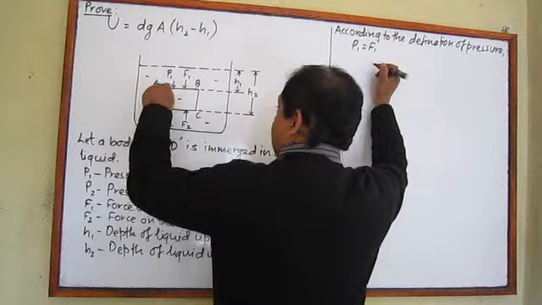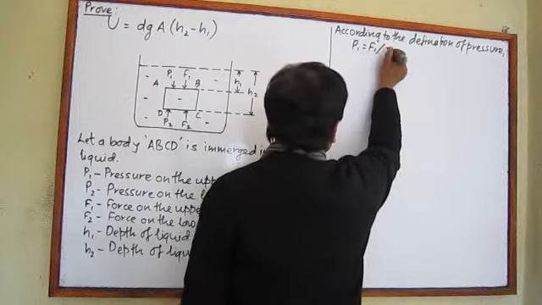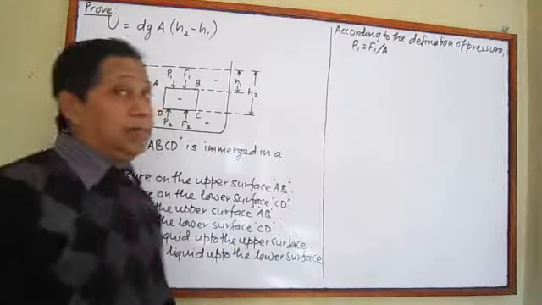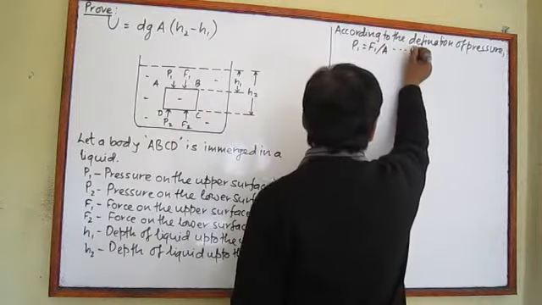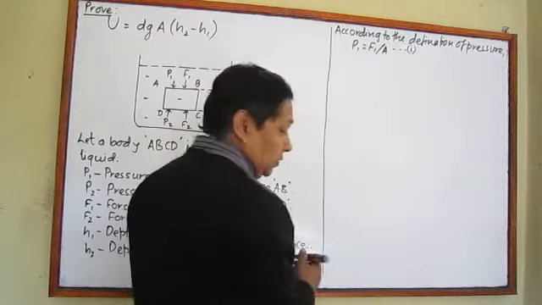F1, and area of this surface is A. P1 equal to F1 by A, and this can be recognized as equation number 1.